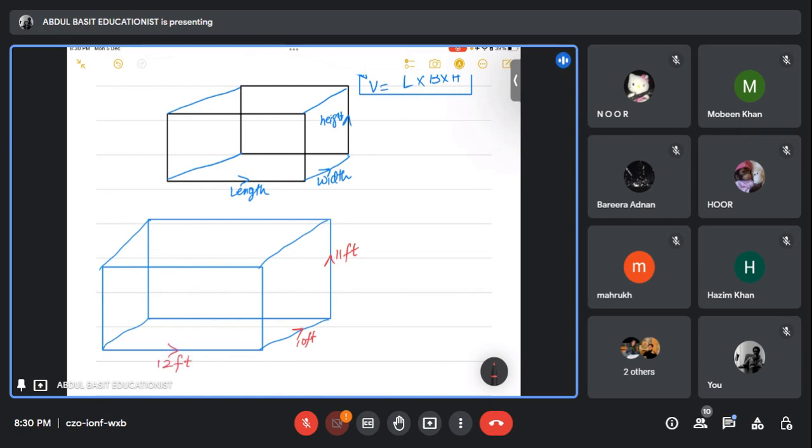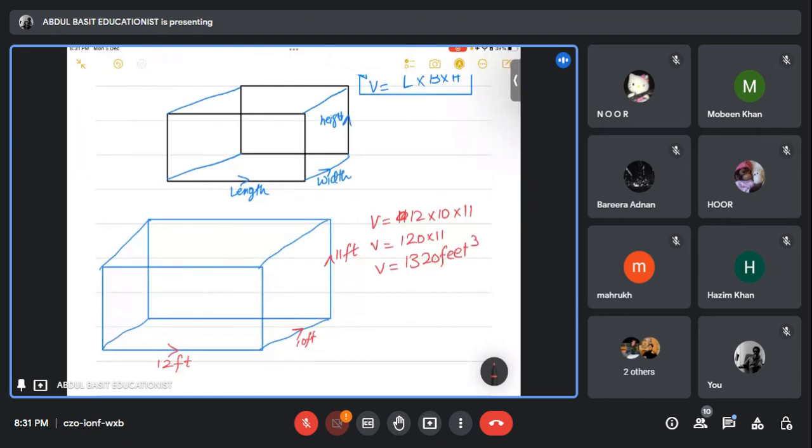Those are the dimensions of my room, right? So the volume should be length multiplied by breadth multiplied by height. So that is 12 multiplied by 10 times 11. We know that 12 tens are 120, times 11. So 120 times 11 is 1320 feet cube, sorry, feet cube. Volume is a cubic quantity.